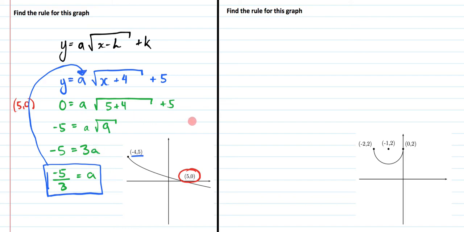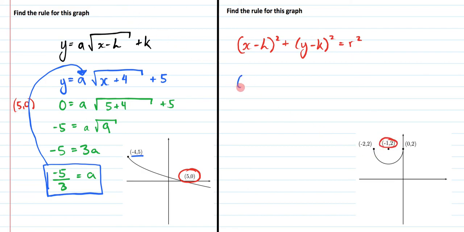Perfect. Last but certainly not least is figuring out my semicircle. I could figure out my semicircle by beginning by writing out the general form for a circle, which is (x minus h) squared plus (y minus k) squared equals r squared. My center is (-1, 2).